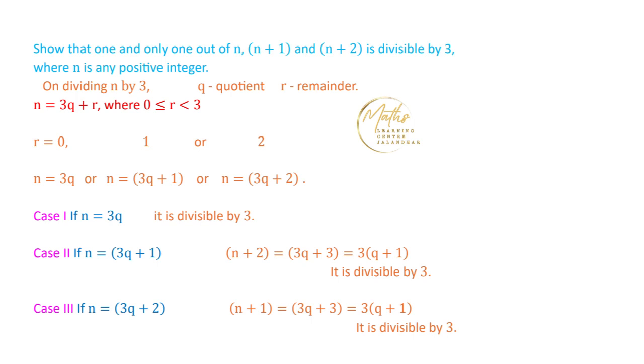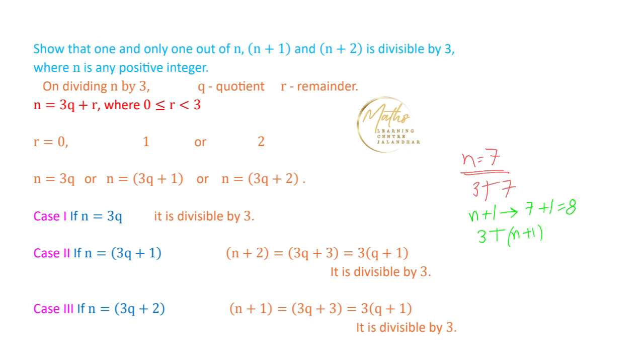So what we have proved, suppose we are talking about, say, the number 7. We are taking n equal to 7. Then clearly n is not divisible by 3. We are saying 3 does not divide 7. Now if we calculate n plus 1, 7 plus 1 is equal to 8, so 3 does not divide n plus 1.